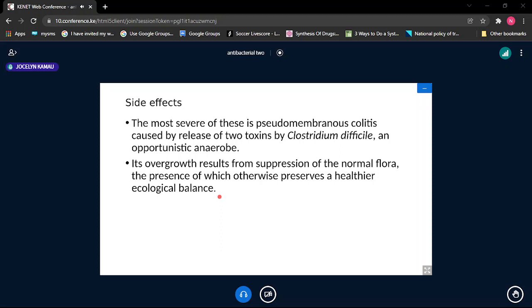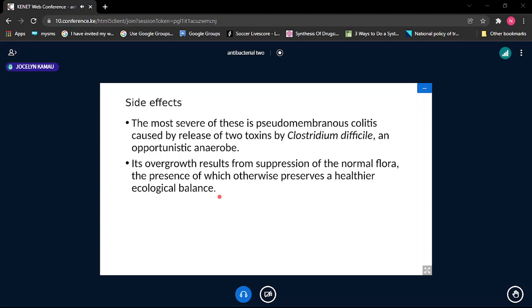It can cause pseudomembranous colitis, and the way it causes it is like a superinfection, whereby you have the microorganism Clostridium difficile, which can be a very difficult microbe, and therefore, if you give clindamycin and it kills all the other microorganisms, but you have resistant Clostridium difficile, then they will release toxins, and those toxins are responsible for pseudomembranous colitis.